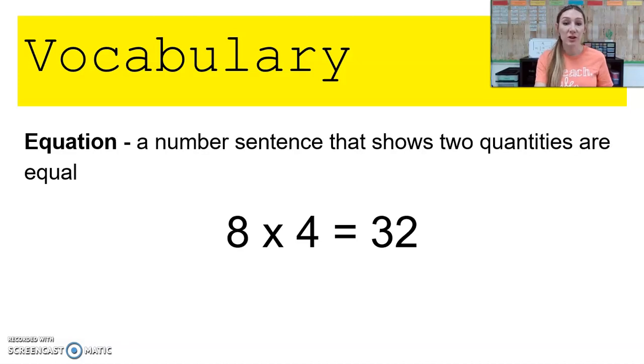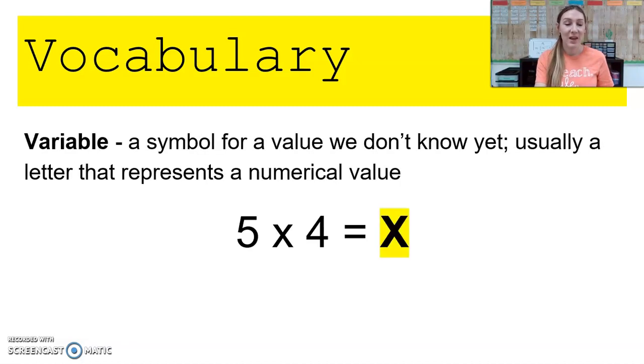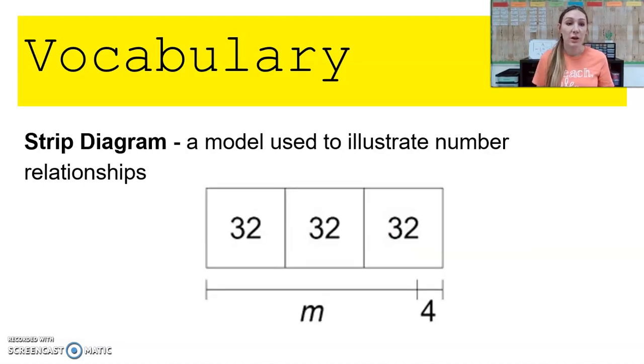So equation, equal. A variable is a symbol for a value we don't know yet, usually a letter that represents a numerical value. So in this example, 5 times 4 equals x. X is our variable because we don't yet know the answer. A strip diagram is a model used to illustrate number relationships.